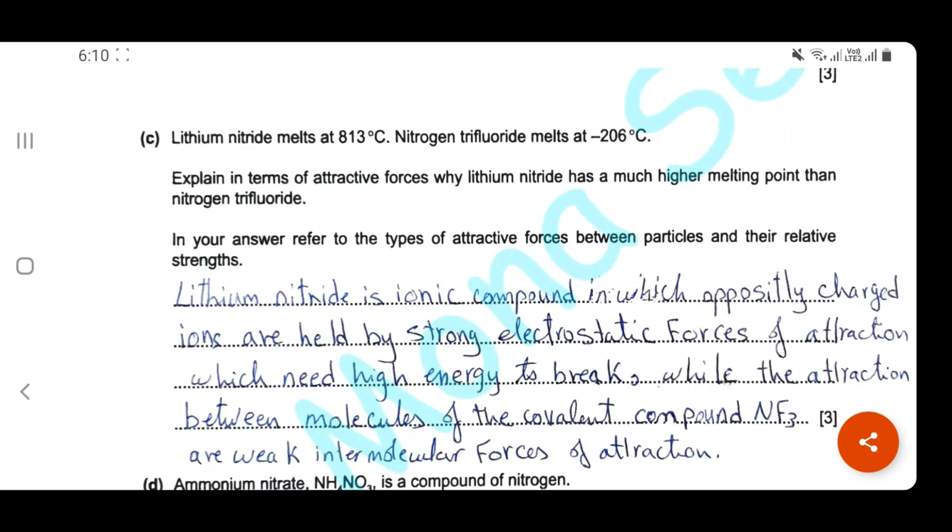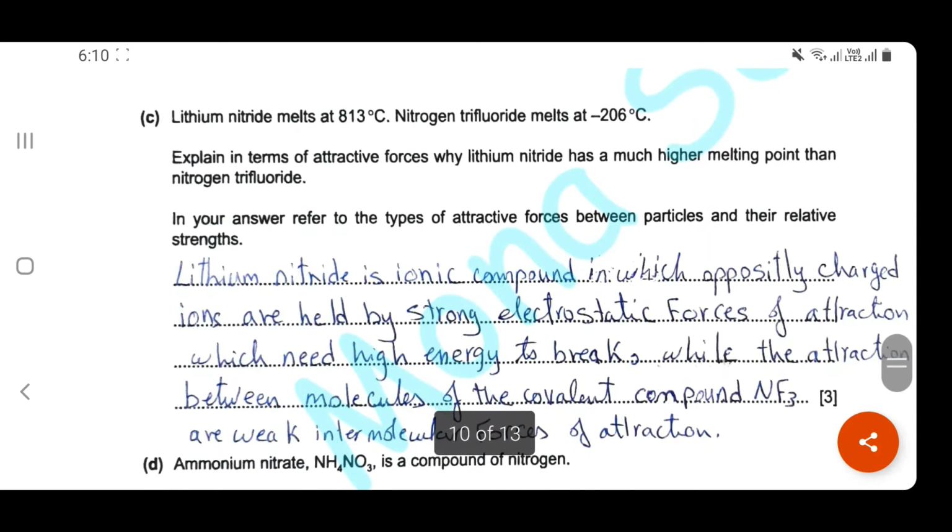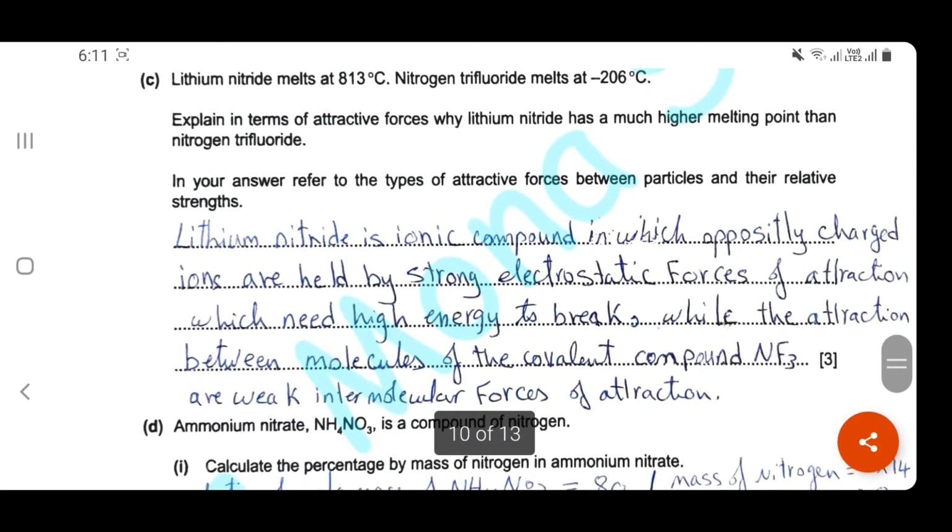In your answer, you have to refer to the type of attractive forces between the particles and the relative strengths. So here you have to mention the type of attraction in the case of lithium nitride and in the case of nitrogen trifluoride, and say whether it's weak or strong, and refer that to the melting point that he mentioned in the question.